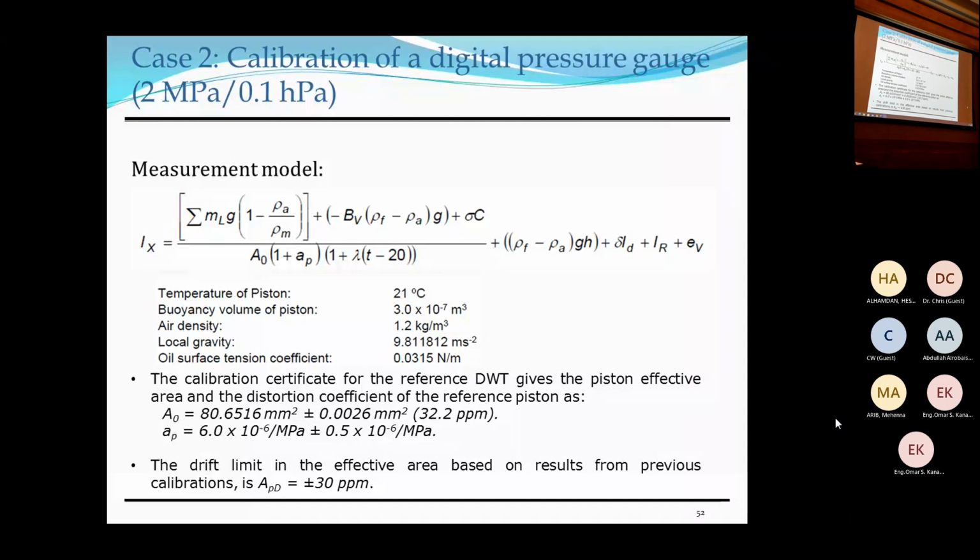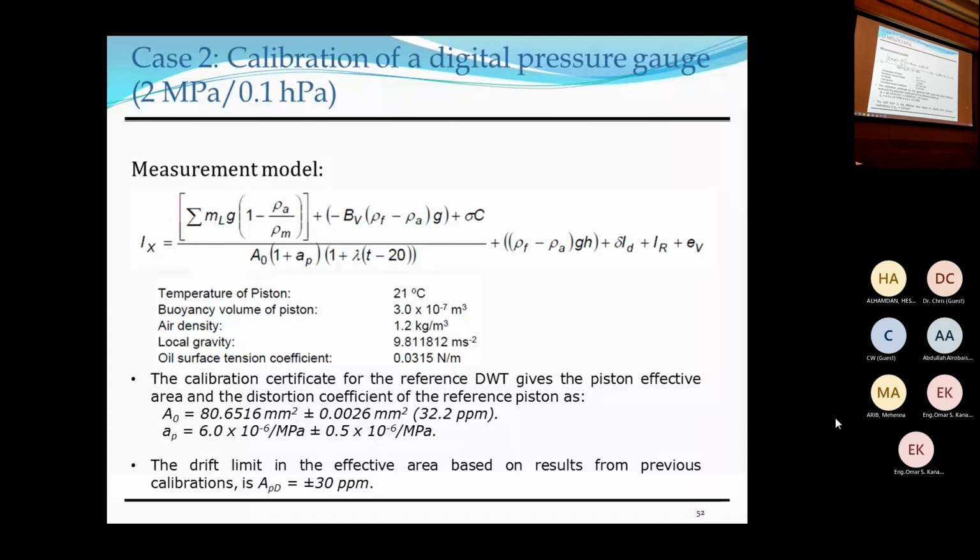So in this case, the calibration certificate for the reference deadweight tester gives us these values here. So it's 32.2 parts per million for the effective area. And this is the distortion coefficient.